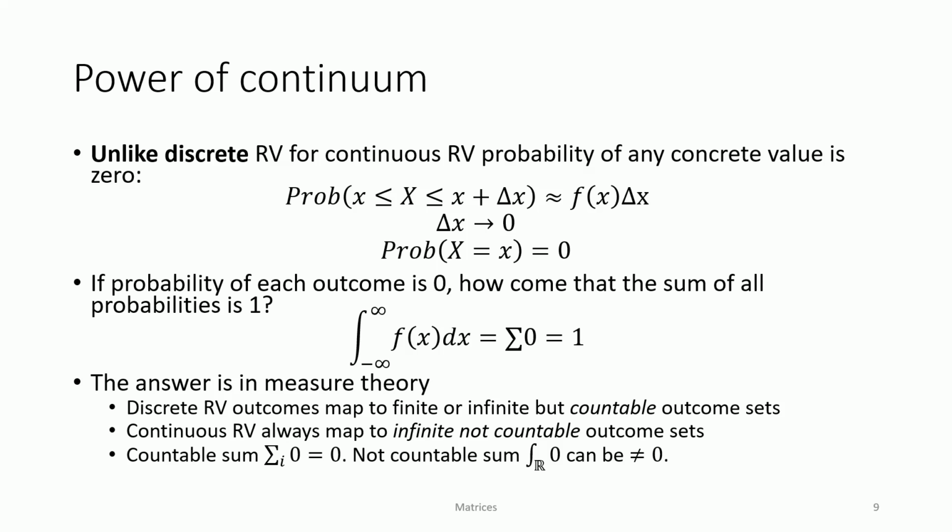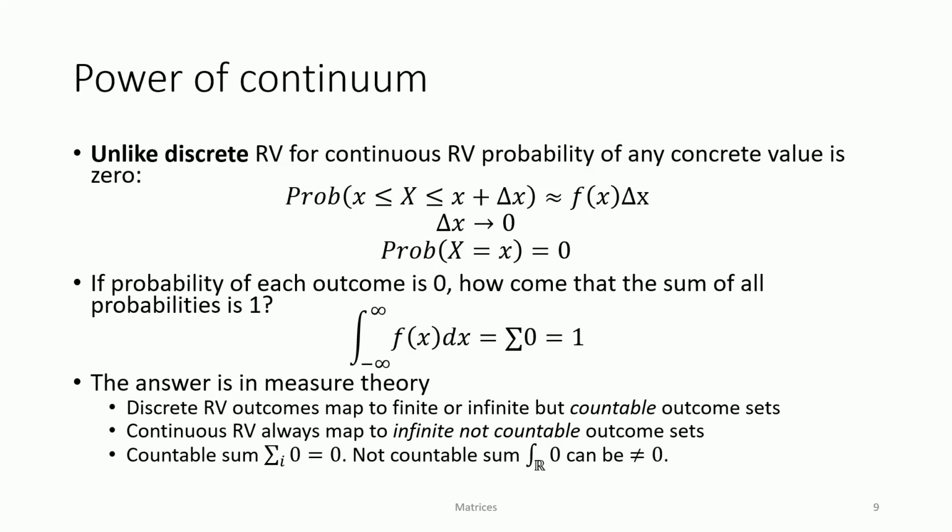However, it is a countable set, and when we say countable, we mean that your set can be mapped to integer numbers such as 0, 1, 2, 3; you can enumerate them. And what happens is that if you are adding zeros in a countable way, a countable set of zeros, then the sum will always be 0.